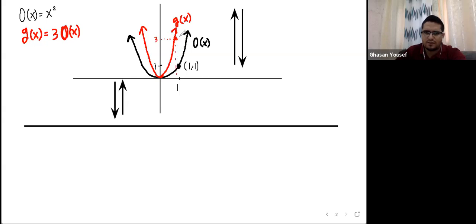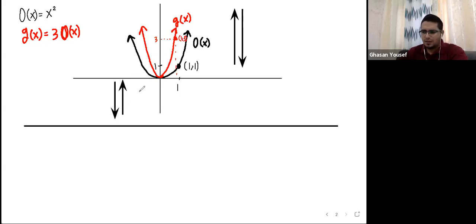This point is 1 comma 3. All the points are the same thing. Here we have 2 and 4. Now it will be 2 and 4 times 3, so 2 and 12. So 2 and 12 would be far up.